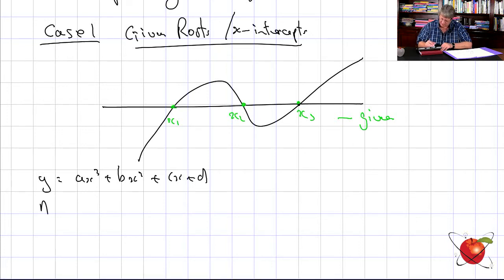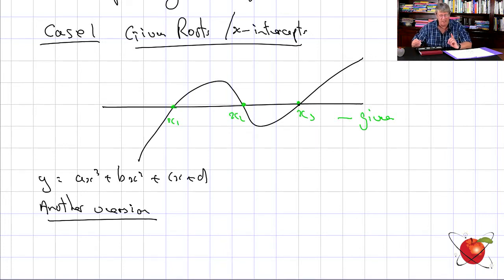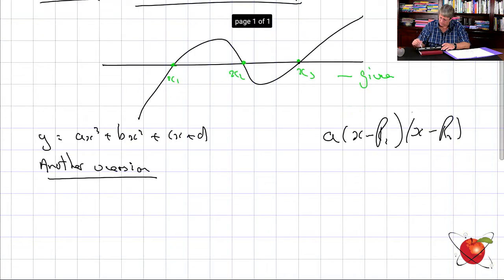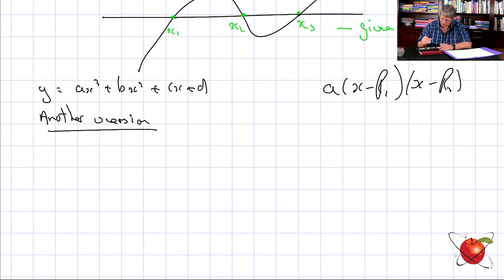Now you can also use another version. Remember on a quadratic we did completing the square, we put it into turning point form. We also on a quadratic put it into the form if the roots are known: a times x minus root 1 times x minus root 2. That was also a way it could have been given. Well, we can put the cubic into a similar form to the quadratic.